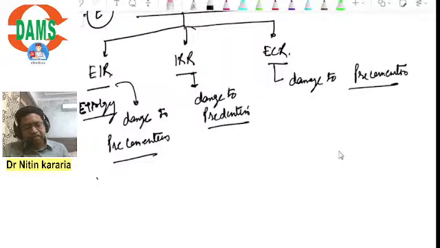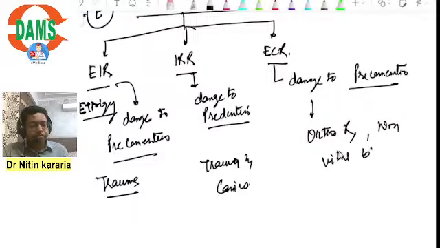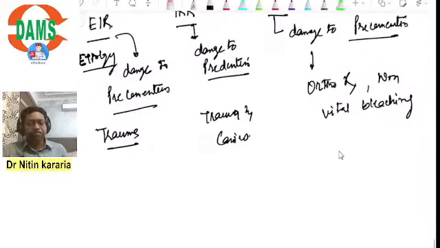Mostly in cases of trauma; internal root resorption is mostly because of trauma and caries. External cervical resorption is mostly due to ortho treatment and non-vital bleaching. So there are certain differences in their etiologies.